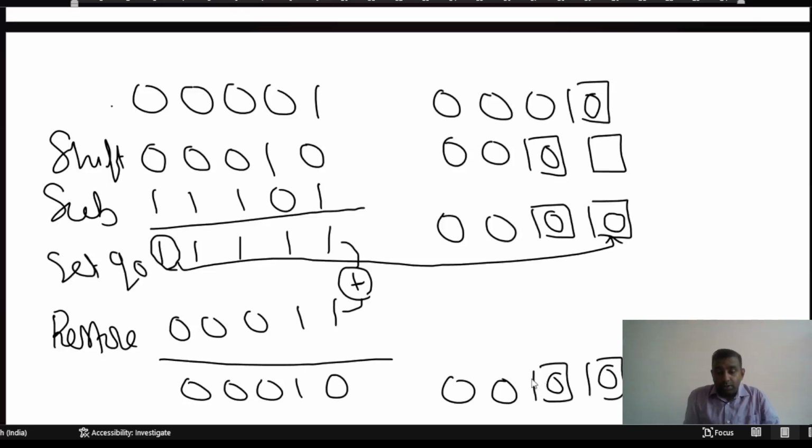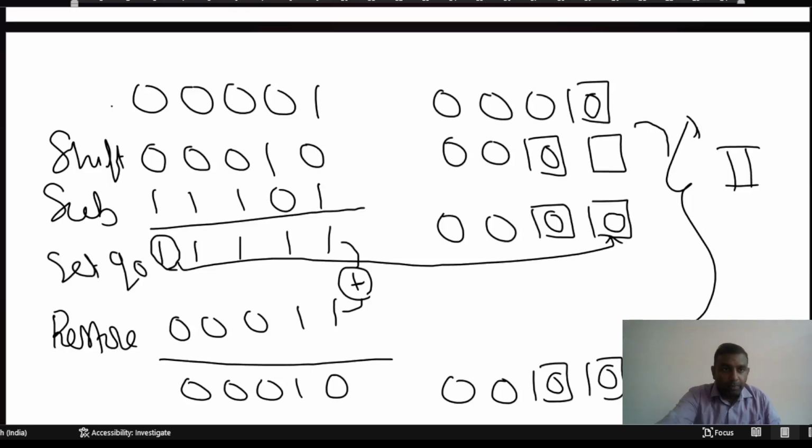Whatever the value of these 4 brackets will become the quotient of our result. So this is cycle number 2.